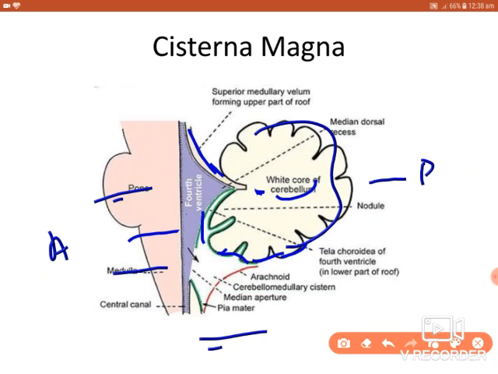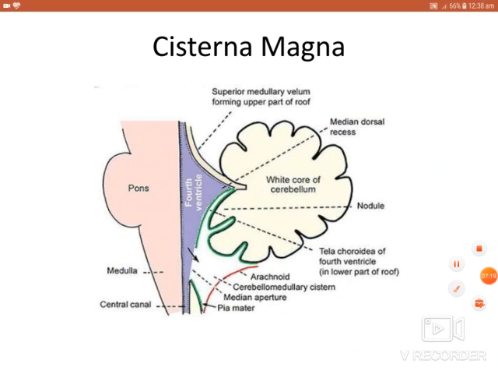So this is the pia mater ventral layer. This is the dorsal layer. Then the ventral layer anteriorly also lines this medulla. Then here you can see this is the arachnoid mater.